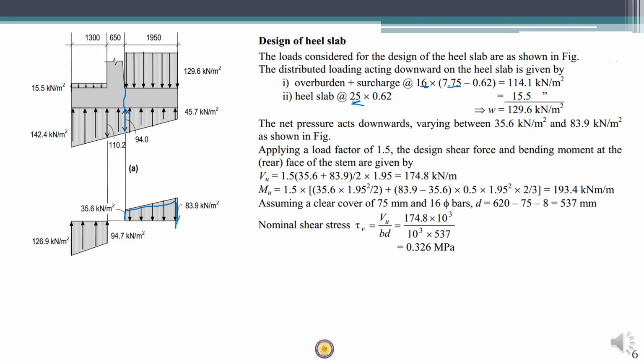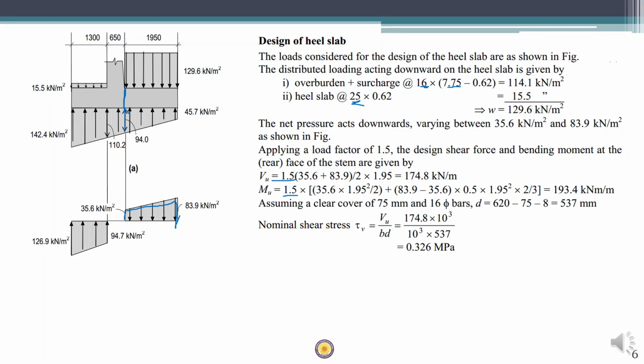Another important thing to note here is that in this case the critical shear section lies at the face of the support itself, because there is no underlying member to give a transverse compression force. So the cracking occurs at the face of the support only. In that case we can find out the Vu and Mu values as we did in the previous example.